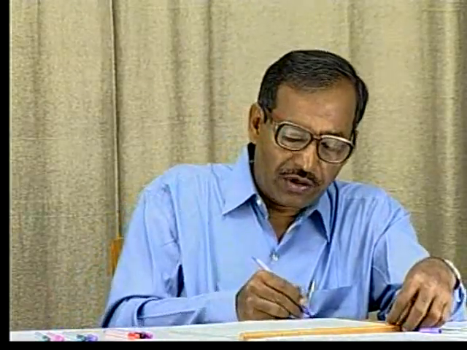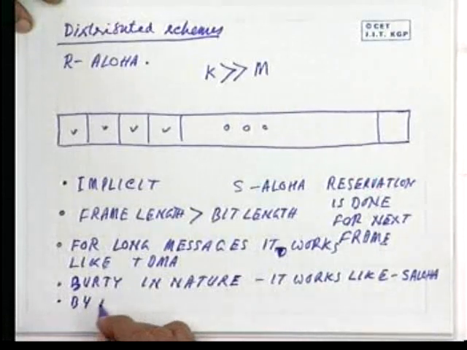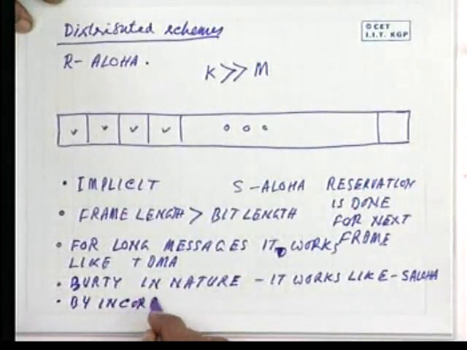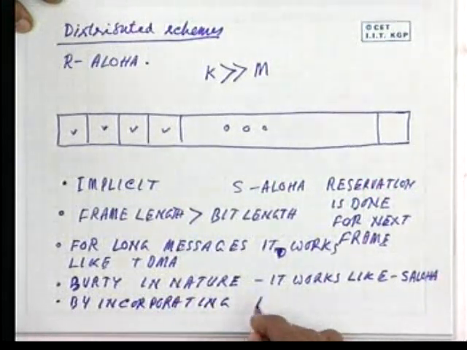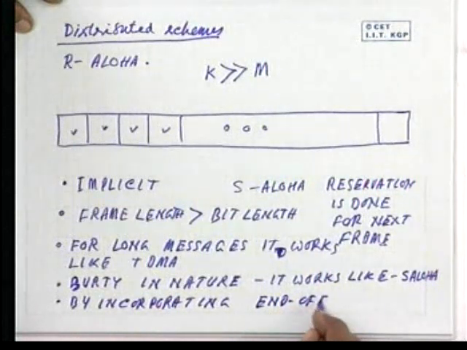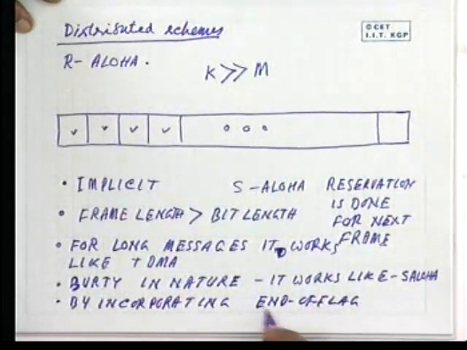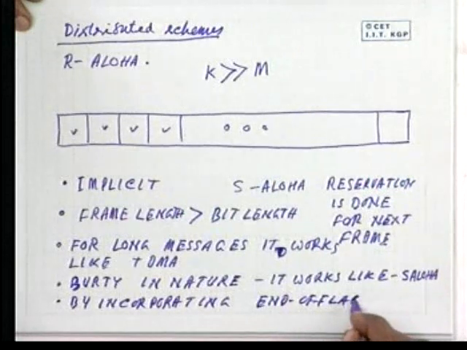This can be avoided by incorporating what is called an end flag. You can incorporate an end flag in the packets. So when a station sends the last packet, the end of packet flag is incorporated in the frame.